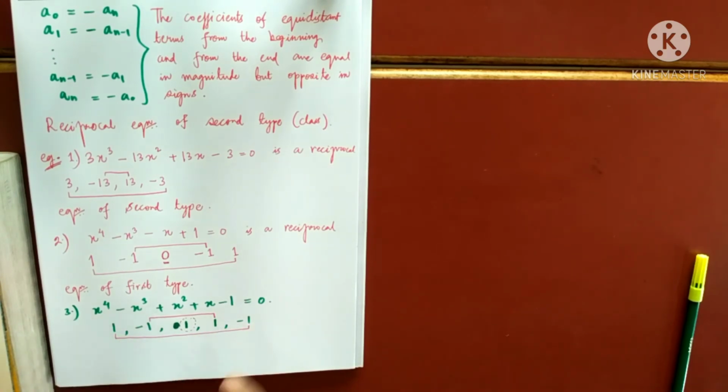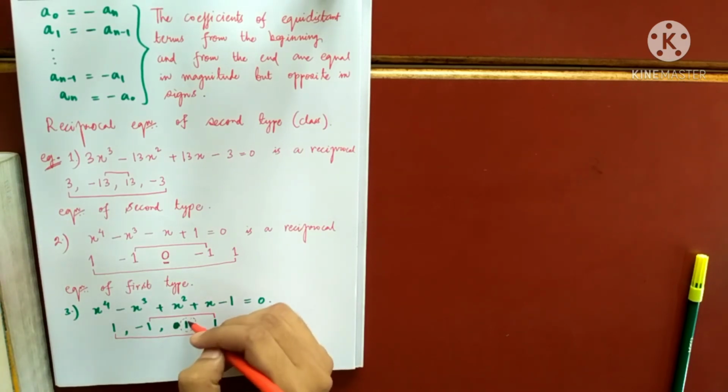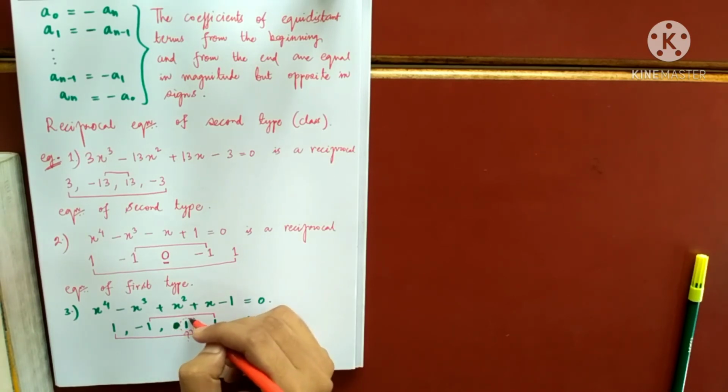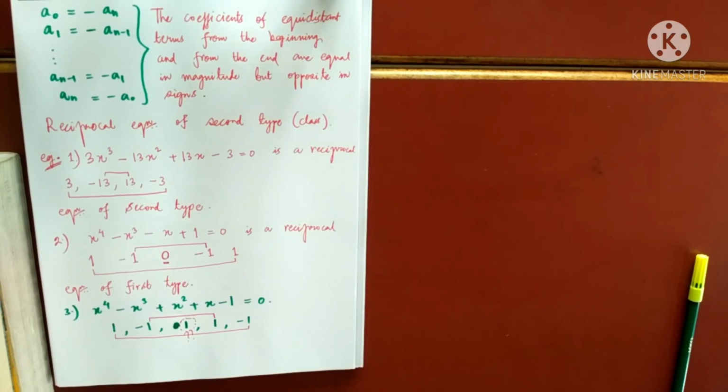It would have to be of the second kind if possible. But what about the 1? There should be another coefficient of minus 1, but it is not given. So this is not a reciprocal equation.